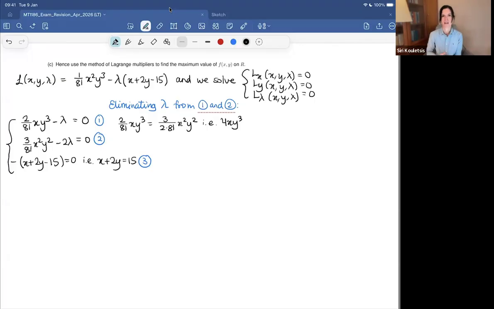So if we do it here on the left-hand side, we get 4xy cubed, depending on how you do this, and then you're left with 3x squared y squared on the right. And now we know that x and y are both strictly greater than 0, and so we can divide by x and y as we please in order to simplify this.